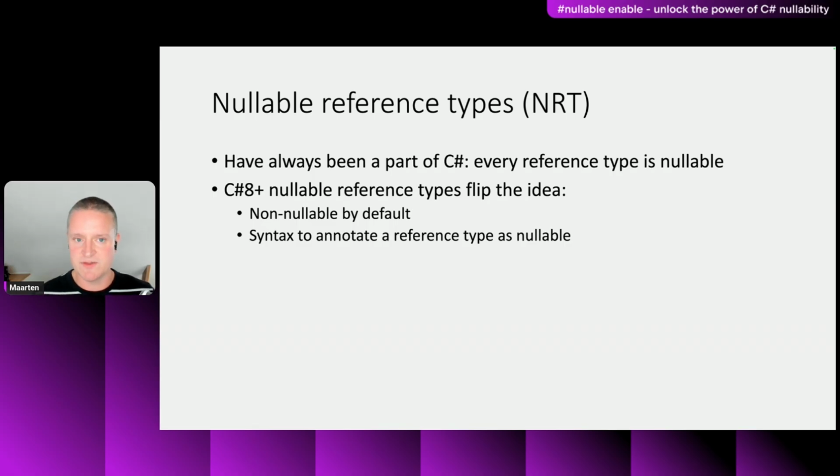However, with the introduction of nullable reference types and nullable annotations in C# 8, the idea was flipped around a little bit, where when you're writing code, every single type that you have is going to be non-nullable by default. And there is a syntax to annotate a reference type as being nullable. A lot of compiler magic going on under the hood there, but ideally it flips the idea around while writing code, where you have to be explicit about whether something can be null or cannot be null.